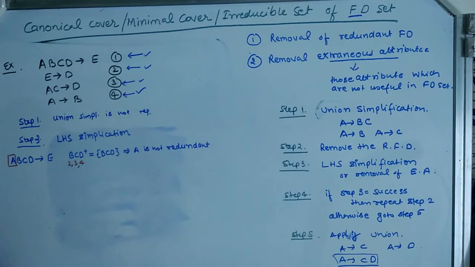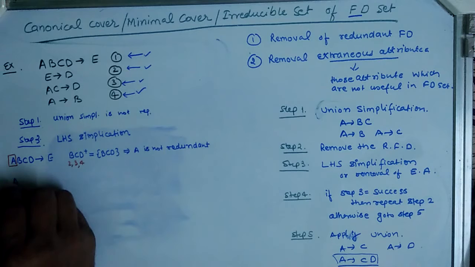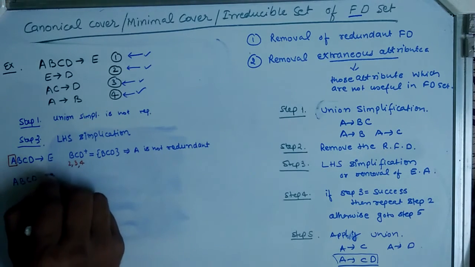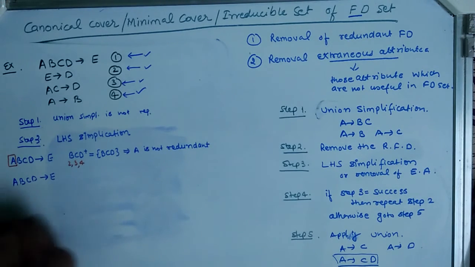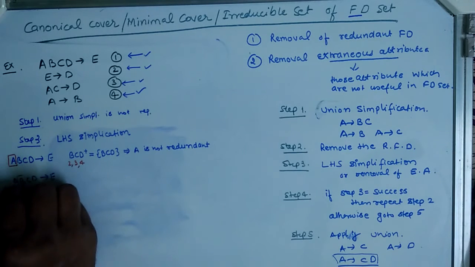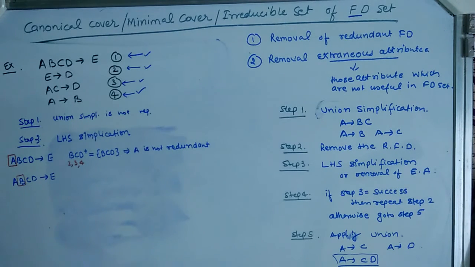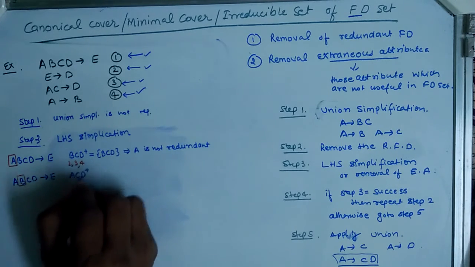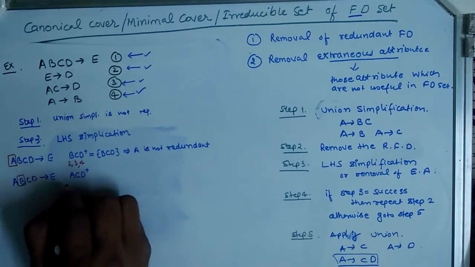Similarly, in the next iteration for the same functional dependency ABCD tends to E, we remove B and calculate the ACD closure from equations 2, 3, 4.